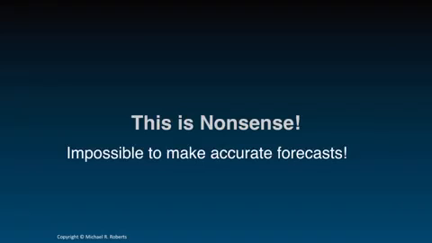This is nonsense. That's a common look I get from students or practitioners when I discuss this framework, because the argument is, look, this is impossible to make accurate forecasts in the future. It's hard enough to figure out what our company is going to do and how the economy is going to change and how that's going to impact our company a quarter out, much less 5 years.